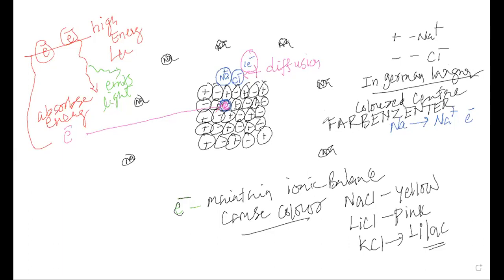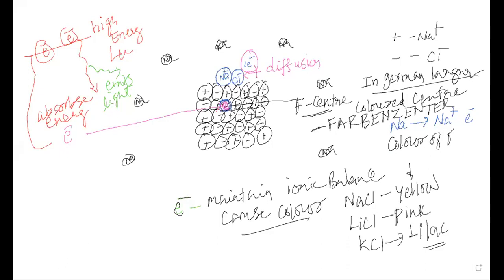This colored center is known as the Farbenzenter, and that is why this center is sometimes also known as F center, and these are the colors of the F center.